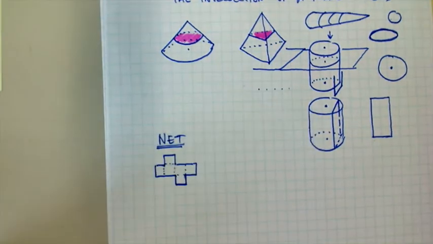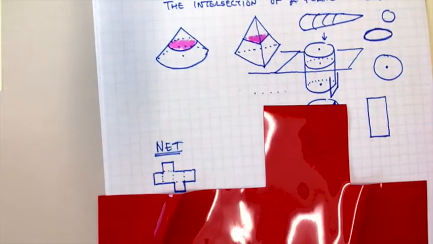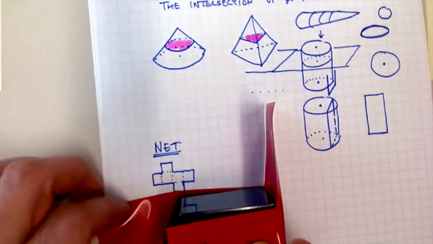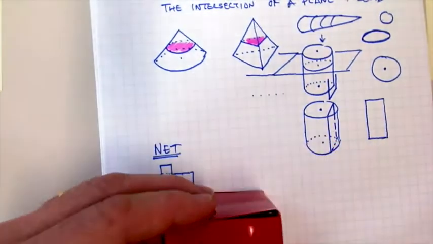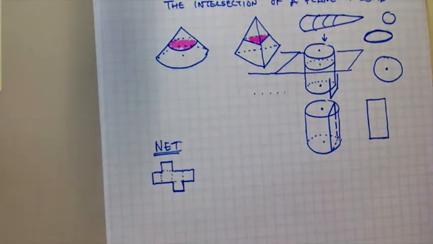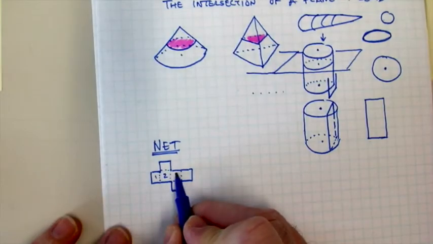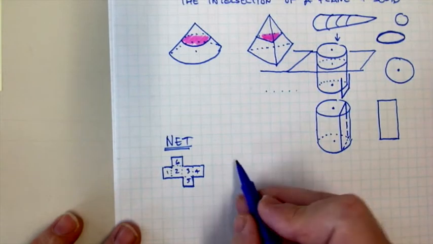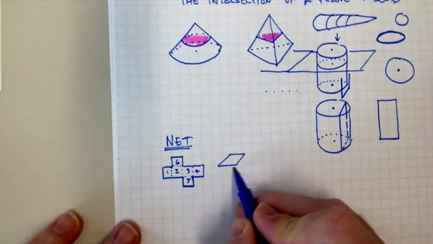What would it form? I think that one's pretty easy for you guys to see. That's why I wanted to start out with that one. But this one would be a net for a cube. You're going to see 1, 2, 3, 4, 5, 6 squares to form this cube.